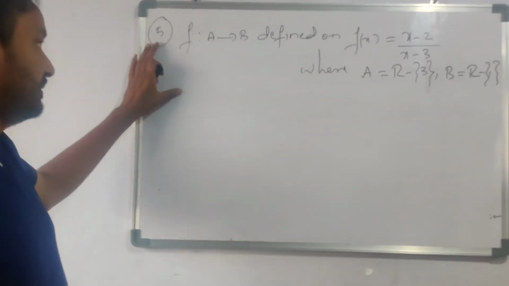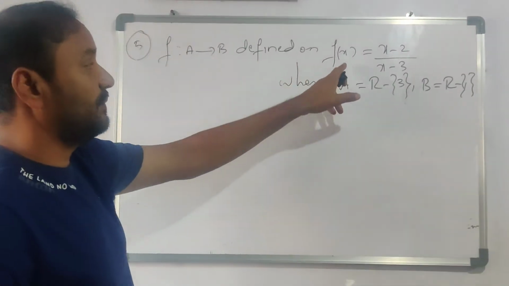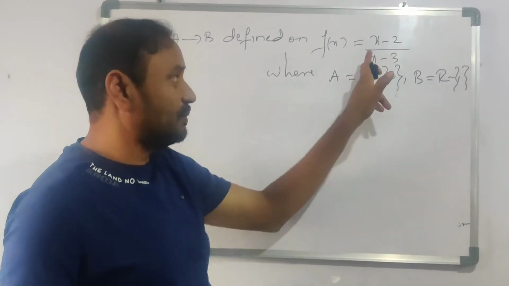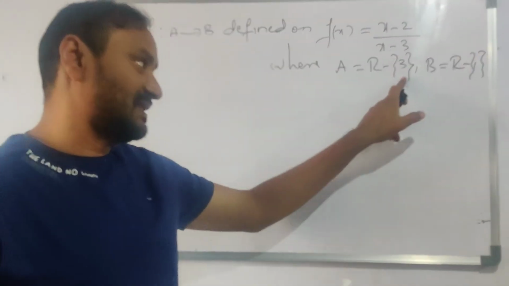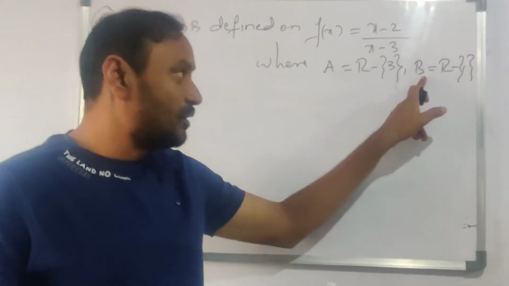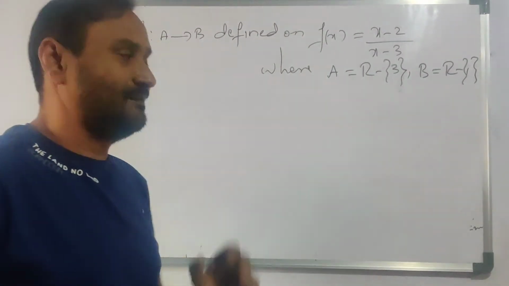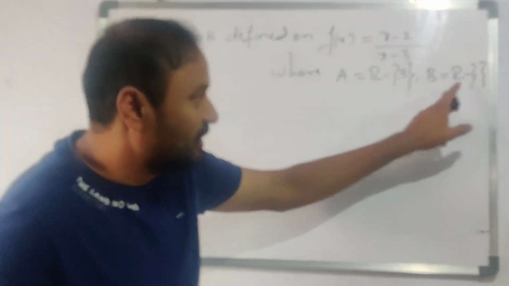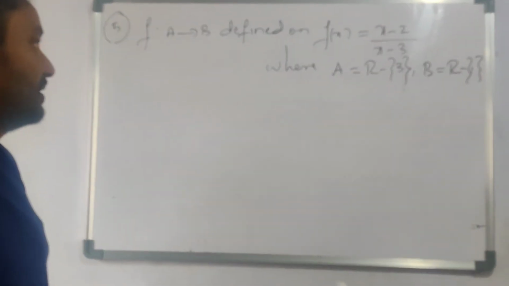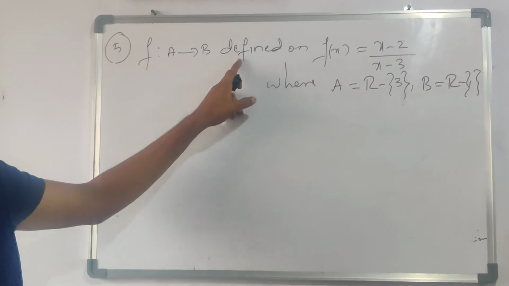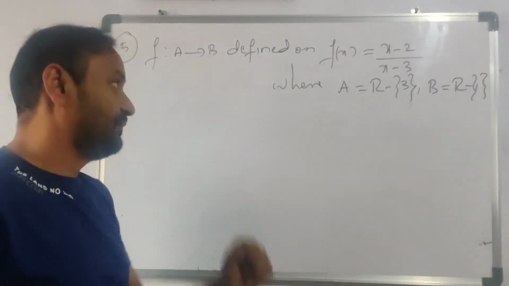So example 5: f: A to B defined by f of x equal to x minus 2 by x minus 3, where the domain is R minus 3 and the codomain is R minus 1. So verify this function for 1-1 and onto.